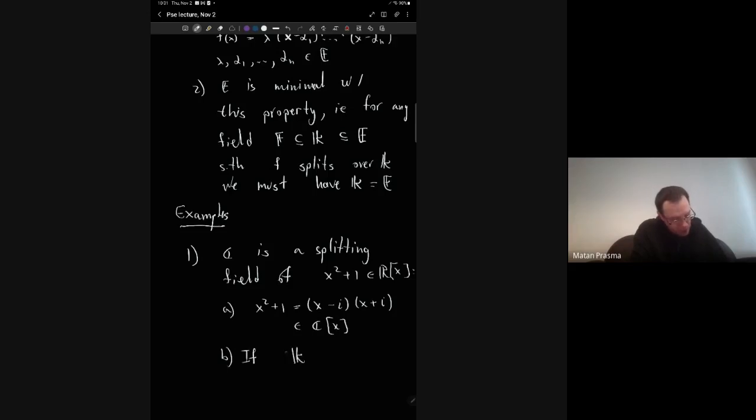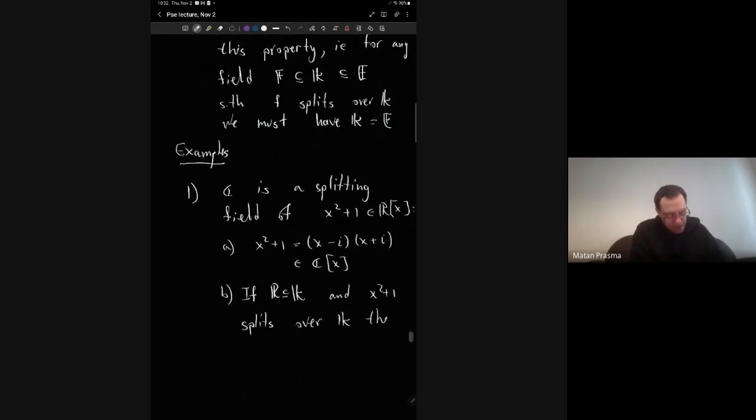And second, if K contains R and x squared plus 1 splits over K, then K must contain i, right?